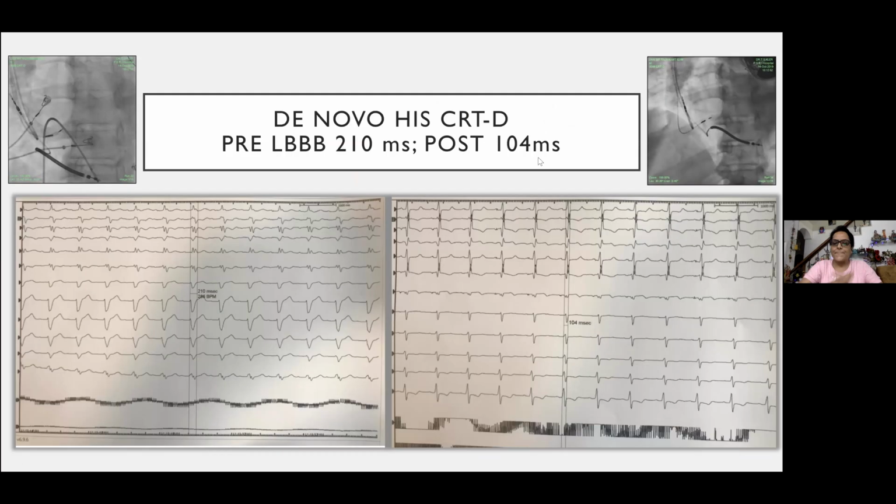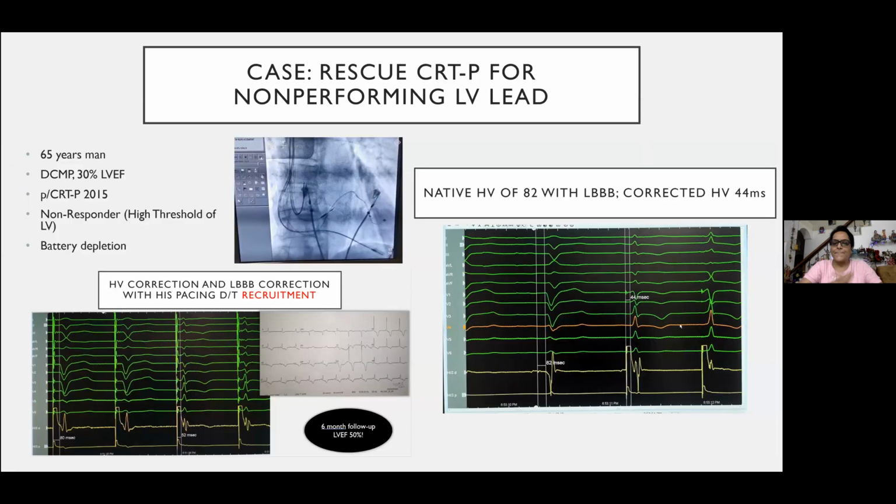Similarly, even if it is CRT-D, we don't need an LV lead once just by doing a his bundle your QRS is 100. So there's no question of his optimized or left optimized CRT here. Similarly, if it is a failure of the LV lead, only his is enough.